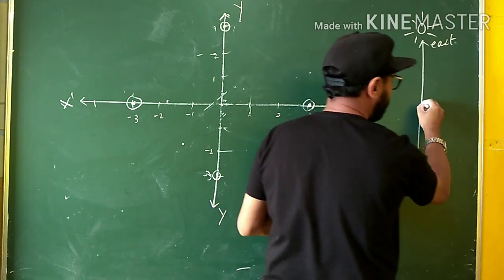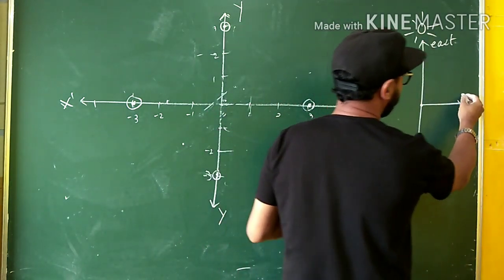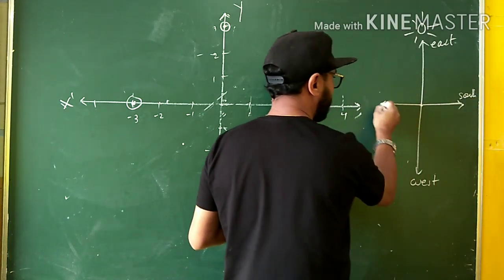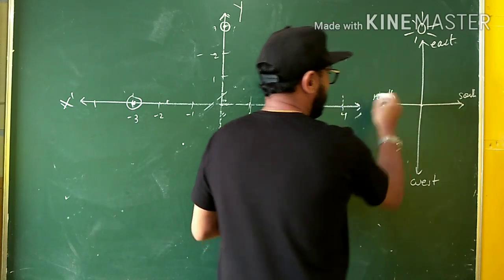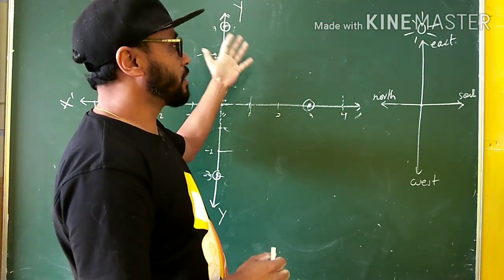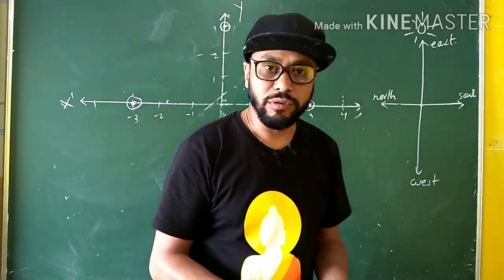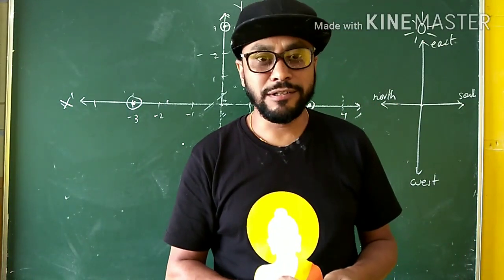If you stretch your right hand, this is your south, and if you stretch your left hand, this is your north. Okay, now this also is nothing but a part of a Cartesian plane or coordinate geometry. Yes or no? So this is what Bagels uses, isn't it?